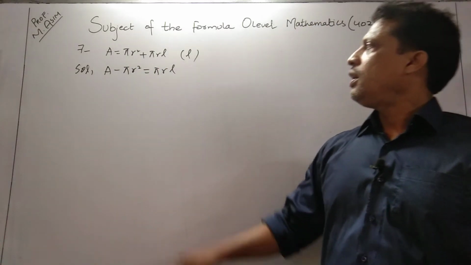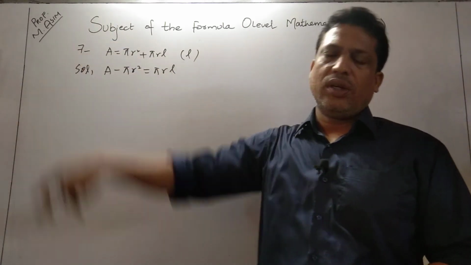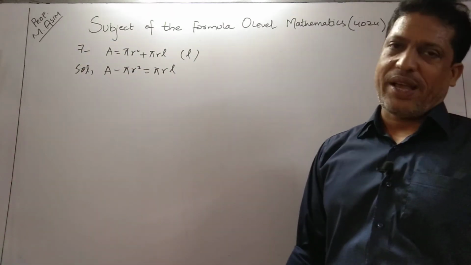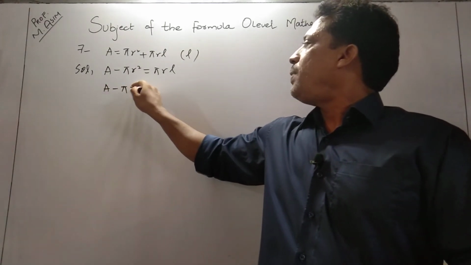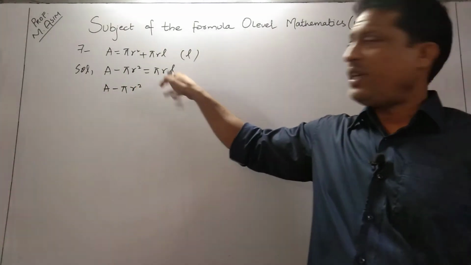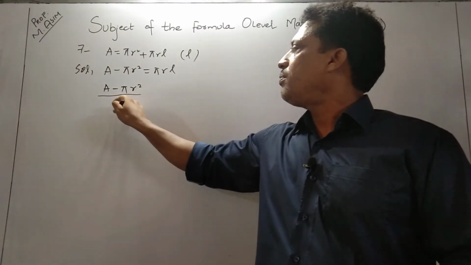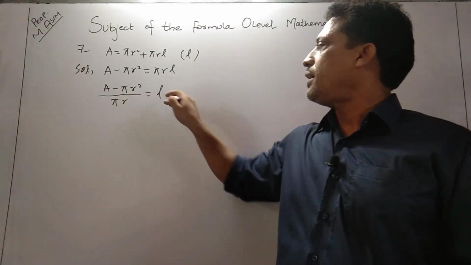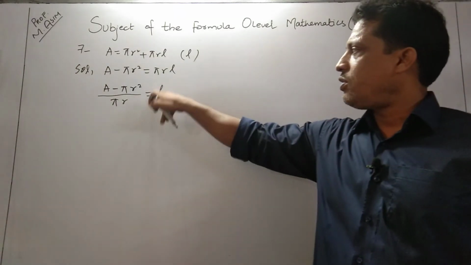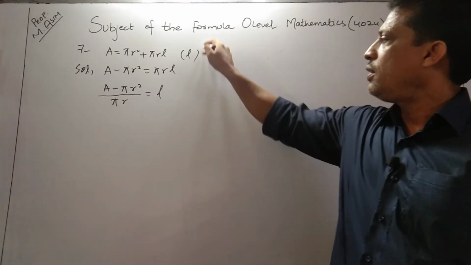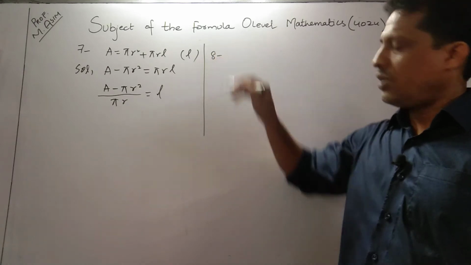What we did? Shift this pi r square to the other side, it becomes minus pi r square. A minus pi r square, this pi r is multiplied, so this should be divided by it on the other side. Our requirement has been fulfilled because there is no coefficient, no exponent and no denominator. See question number 8.